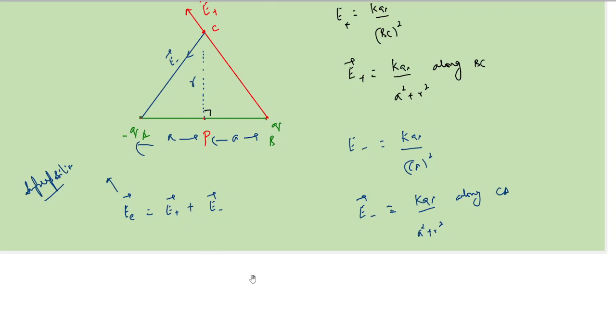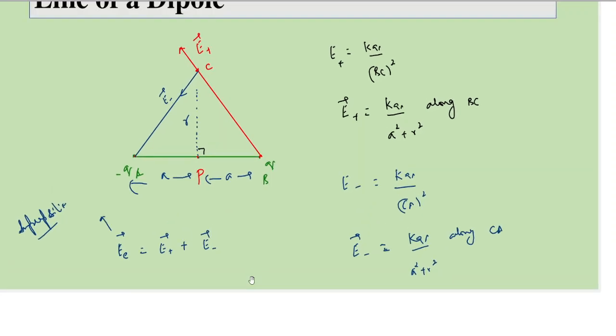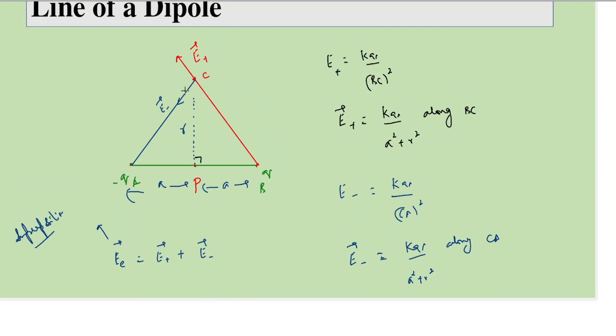Now here, the vectors are in different directions, and the angle between these two quantities is not known to us. So to make it simpler to solve, we will use vector resolution. That is, we will find the components of the vectors and then add them in component form.